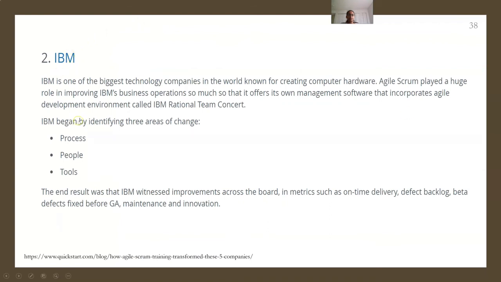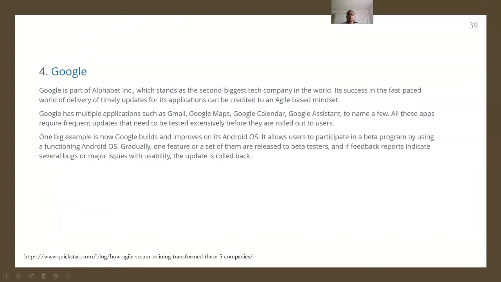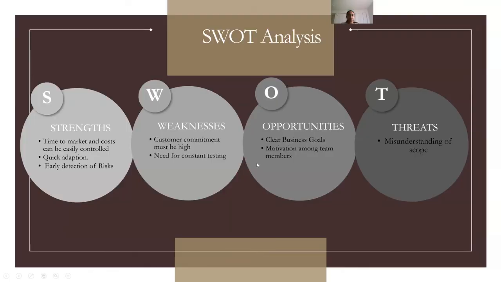This is IBM, where they started identifying the people, process, and tools, and how Agile has helped IBM. This is Google, where multiple applications such as Google Maps, Google Calendar, etc. are all based on Agile process methodology.